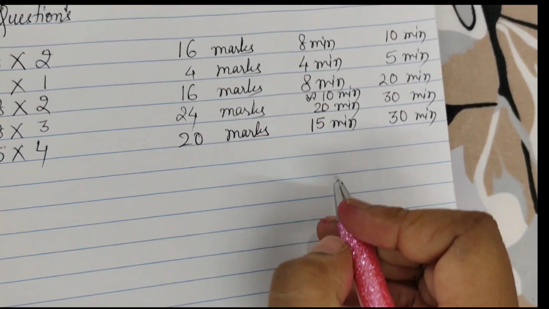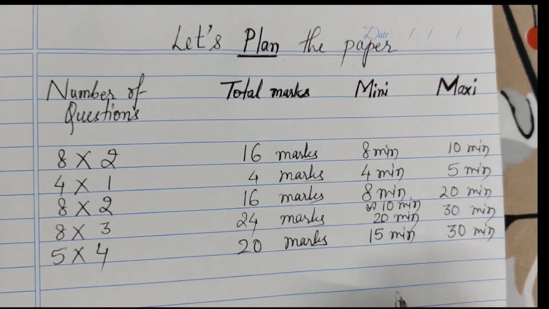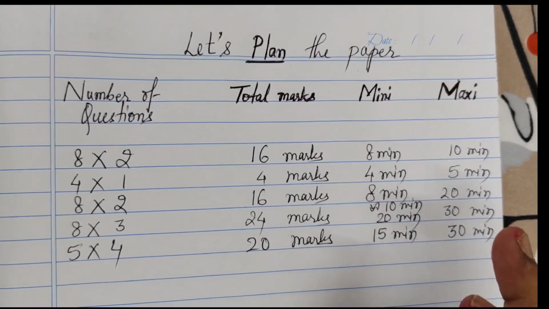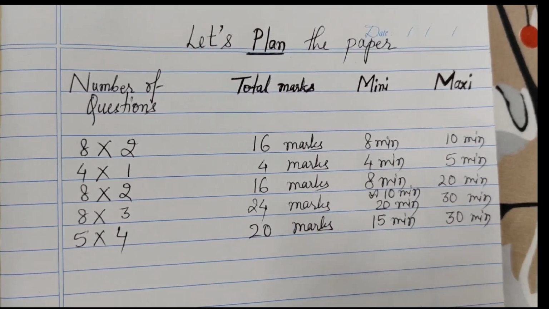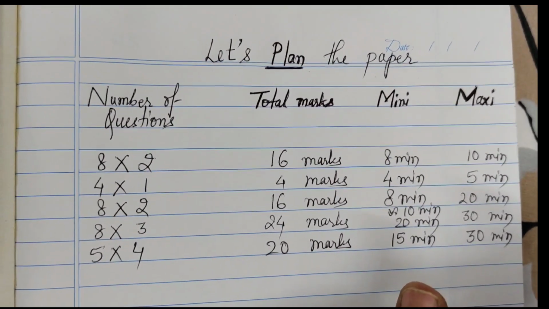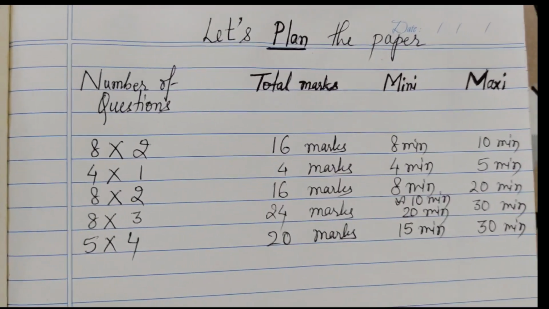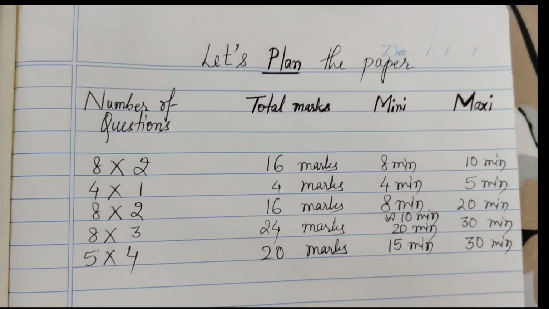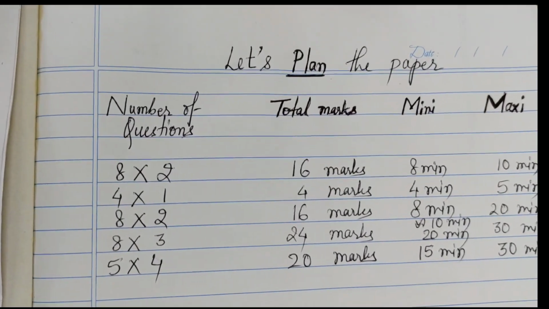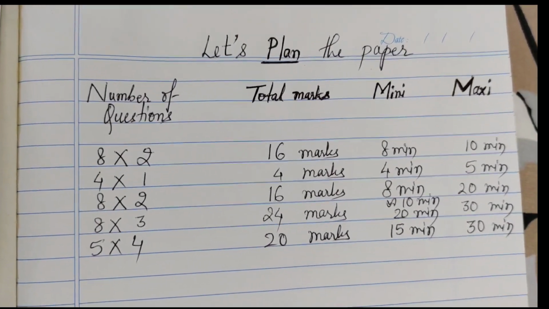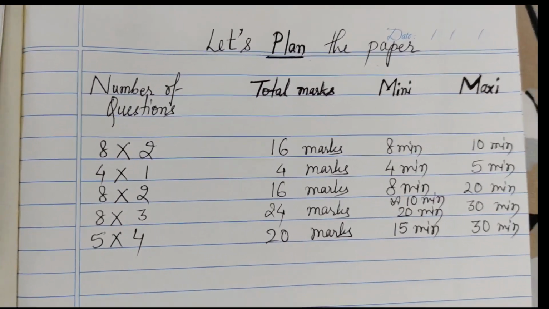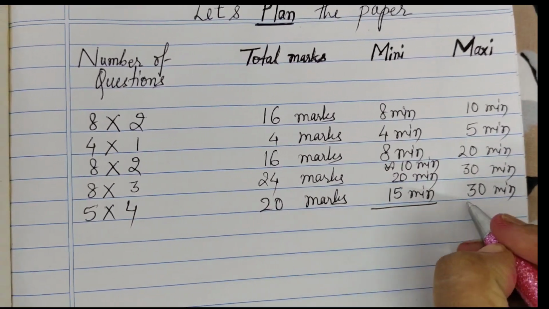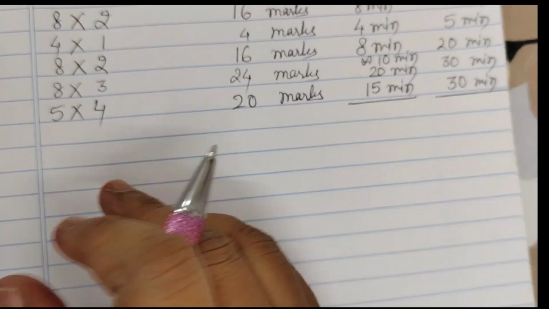Again and again I am saying, practice a lot so that you can solve each question within 1 minute, because board students have to go for these entrance exams and all. There you have to solve 180 questions in 180 minutes. So increase your speed, work on your speed, and let's see the minimum and maximum time required by you to solve this.